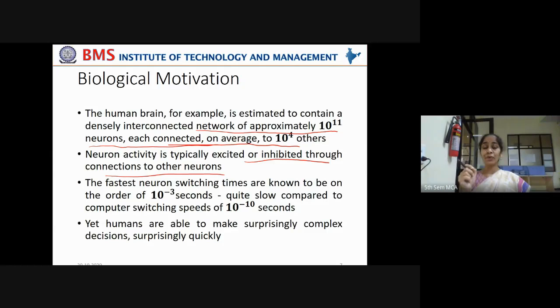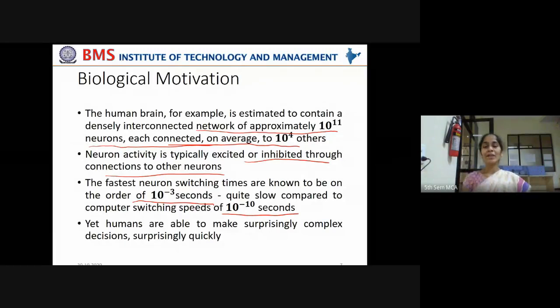It just takes fractions of milliseconds, right? Fractions of nanoseconds. That fast is the communication in a human brain. That's a wonder, right? The fastest neuron switching times are known to be on the order of 10^-3 seconds, quite slow compared to computer switching speeds of 10^-10 seconds.